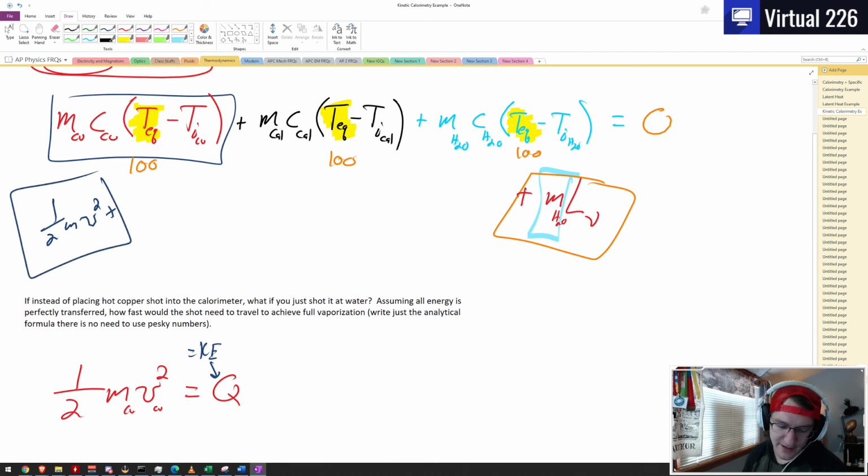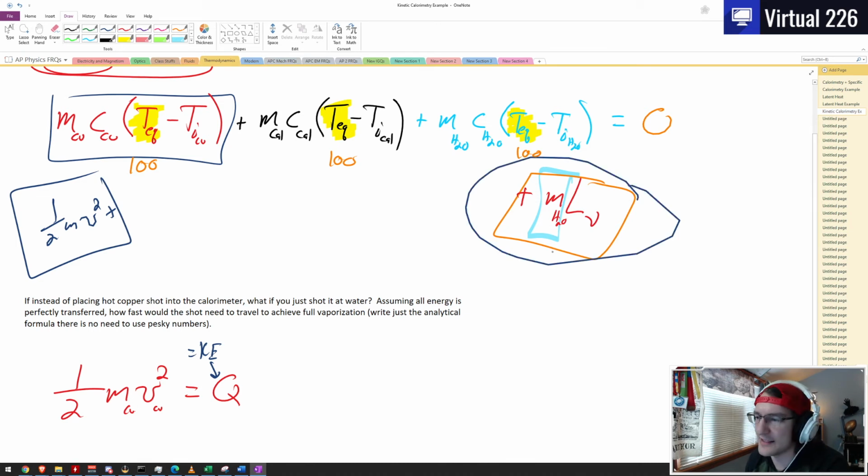That's a kind of a cool thing we could do. Maybe we shoot the hot copper shot at such a speed that we're able to figure out how much mass is vaporized by putting the vaporization in here, knowing that the final temperature of the equilibrium position is 100 due to the vaporization point. We could extend these problems more if we wanted to.